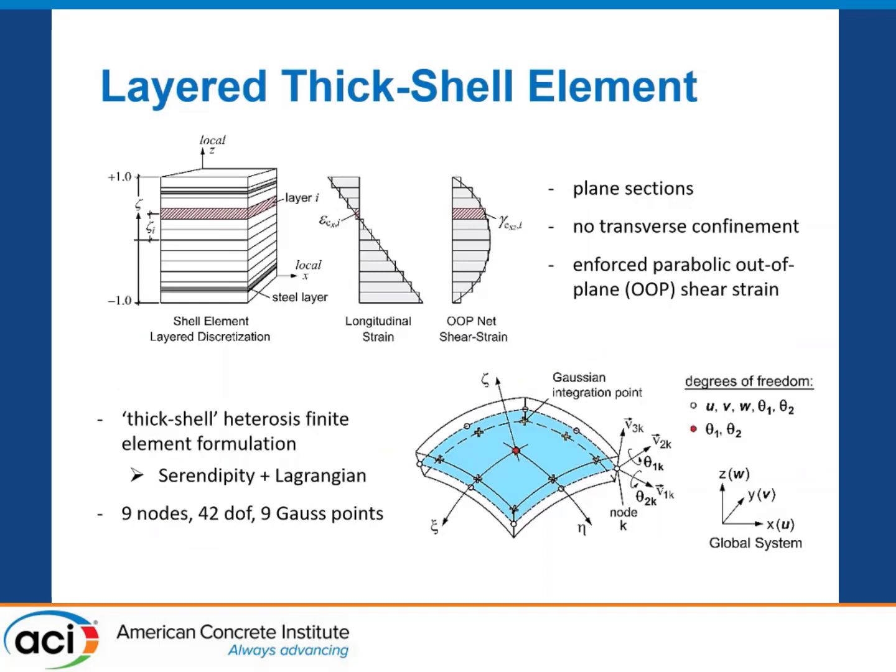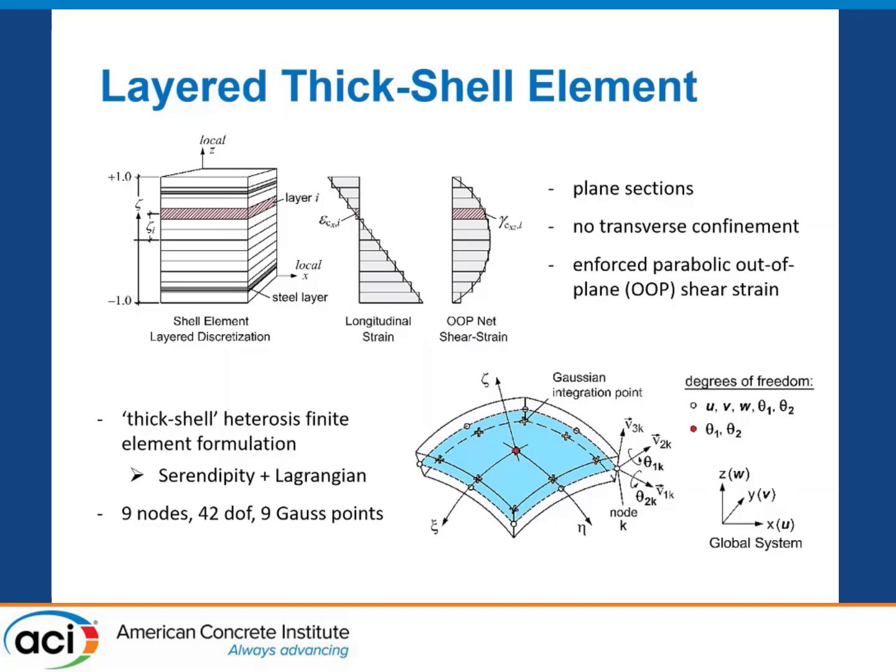It employs a layered thick shell finite element, so this is kind of like a fiber or layered model. It's based on simplifying assumptions, the main one being plane sections remain plane, which everyone's pretty comfortable with. A secondary assumption which is used, which is actually pretty critical to how it performs, is how the net shear strain is distributed through the thickness of the section.